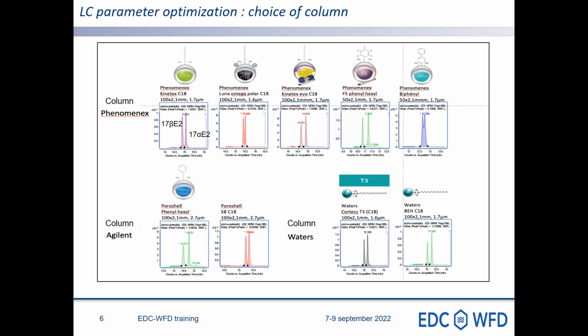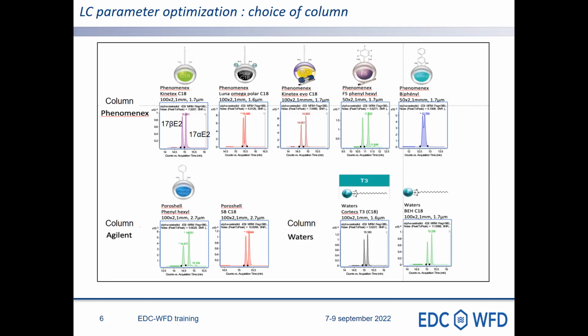First, we investigated a wide range of column types in terms of chemistry, length, diameter, and porosity. Here you have this overall set of columns. And here you also see the impact and choice of column on the separation of the most complicated substances we have to focus on.